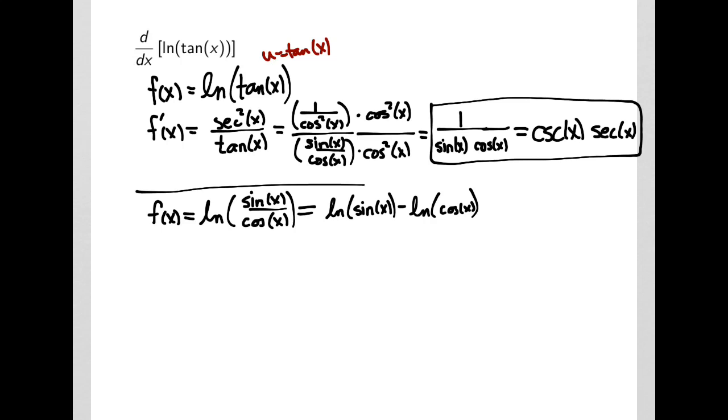So that when I take a derivative, f prime of x, I get the derivative of the logarithm, that's u prime over u. So this time the derivative of sine is cosine.